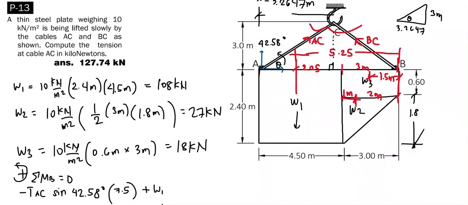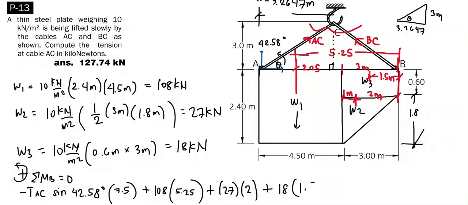so it's positive. Let's directly write its value, 108 kilonewtons times its moment arm distance of 5.25. Then plus W sub 2, a value of 27 times its moment arm distance of 2 meters. And then plus W sub 3 of 18 kilonewtons times the moment arm distance of 1.5, all equal to 0.